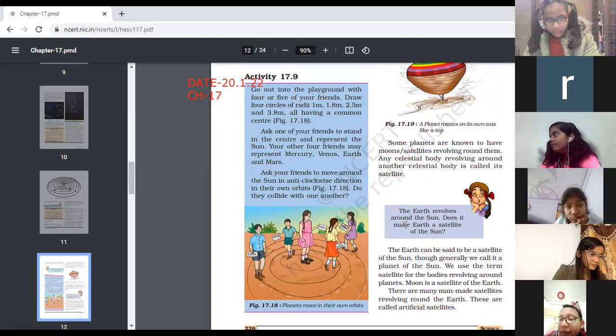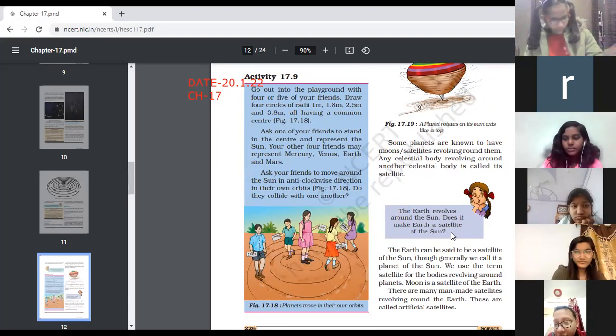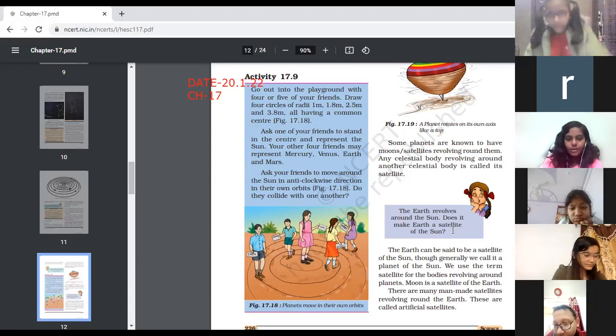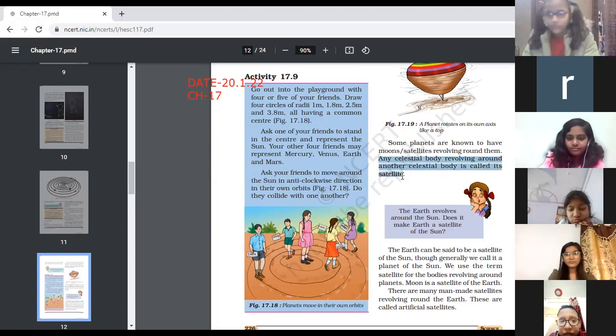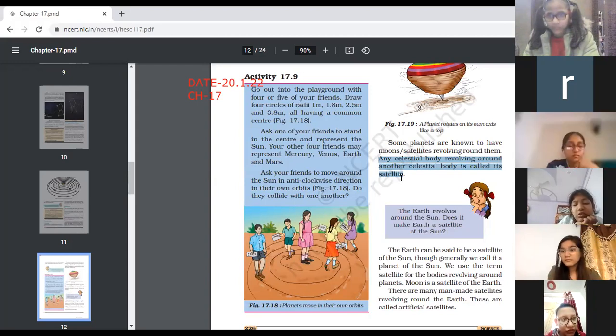Wait for a second. So there is a question: the Earth revolves around the sun. Does it make Earth a satellite of the sun? Are you agreed? We have just read that any celestial body which is moving around another body is known as a satellite. So is Earth a satellite of the sun?